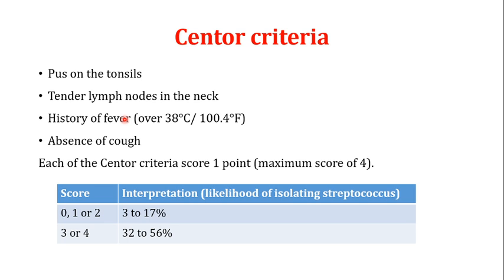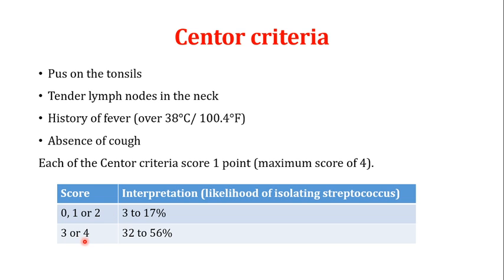So in contrast to the previous criteria, here the maximum score can be 4, as each of these criteria scores 1 point. Now if the score is 0, 1 or 2, that gives you a chance of 3 to 17% of bacterial pharyngitis. That means if your score is 0, 1 or 2, it gives you a very low chance of bacterial pharyngitis.